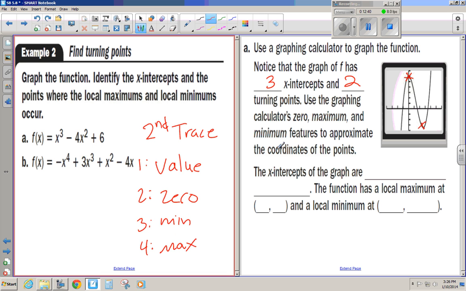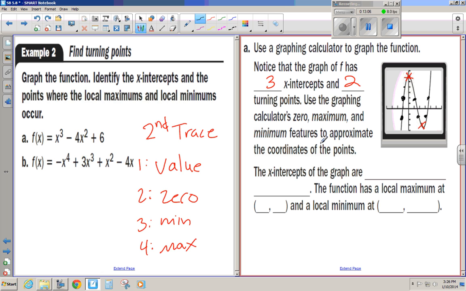And the process is exactly the same. To find the zero, push number 2 and get to the left side of the zero and the right side of the zero to give yourself a guess. And then you do it for the left side and the right side of that zero.